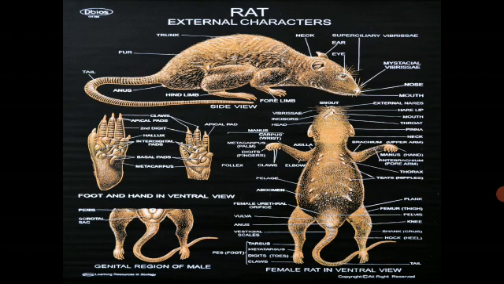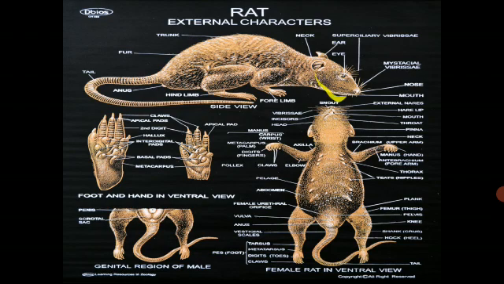These sensory hairs are known as vibrissae. Near the mouth, the external nares, or near the eyes, these hairs are tactile or sensory in nature. Such hairs are present on the head region.